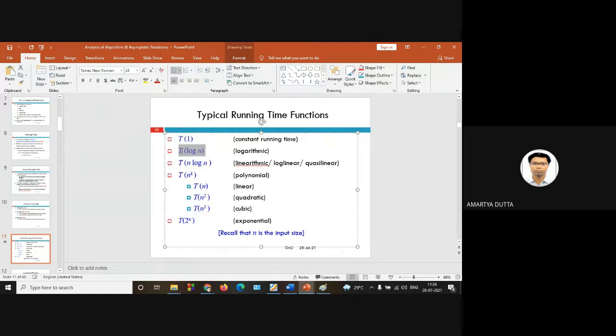After that, log n will be there. Log n is slower than T(1). Then n log n, which is called quasi-linear. Then n to the power c, which is polynomial, where c is greater than or equal to 1. So n is linear, n square is quadratic, n cube is cubic, and the last one is exponential, where n is the input size.